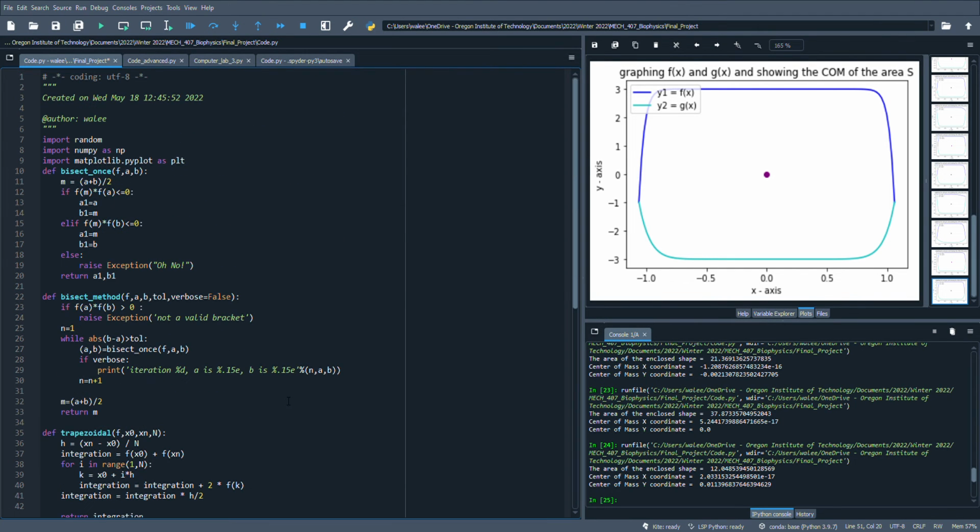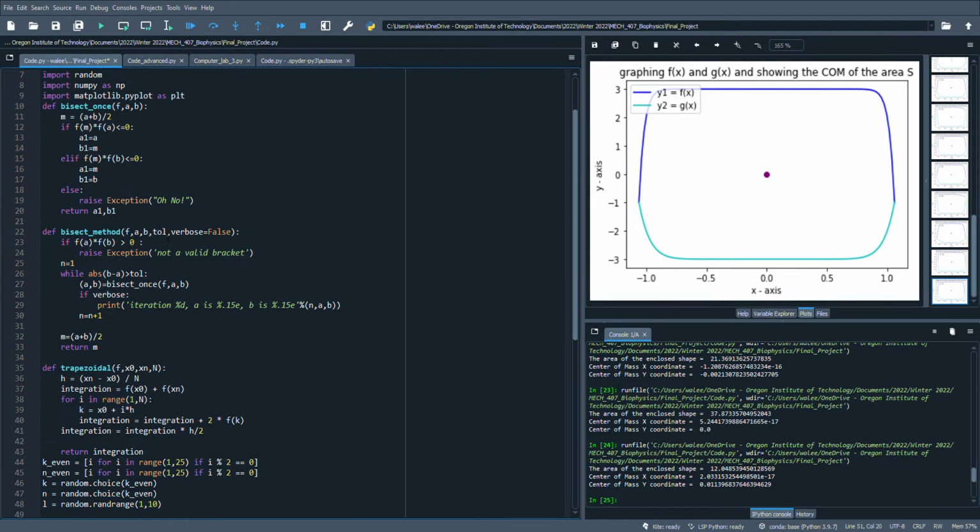So I used the bisection method to get the root of these two functions. The way it works is that you select two x values around the root and plug them into your function, and you get values of opposite signs.